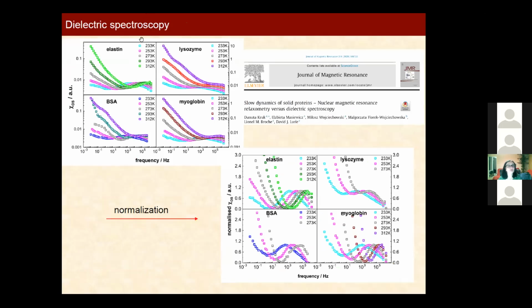So now we use the same temperature which we used for NMR relaxometry, and still the protein, and we perform dielectric spectroscopy studies. I will not go much into the details of dielectric spectroscopy studies. However, usually you see a kind of long tail here.